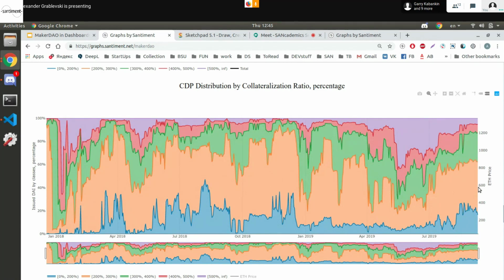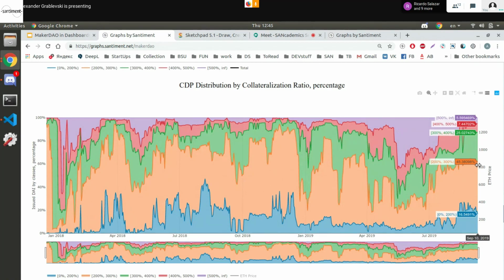For example, I can conclude that 16% of all CDPs in the Maker system have a collateralization ratio from 0 to 200%, and about 30% of all CDPs have a ratio in the interval of 200 to 300%.